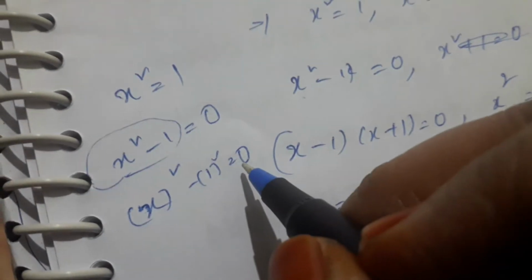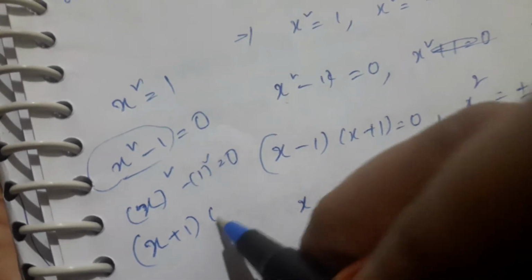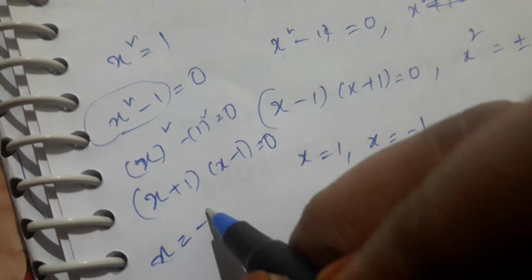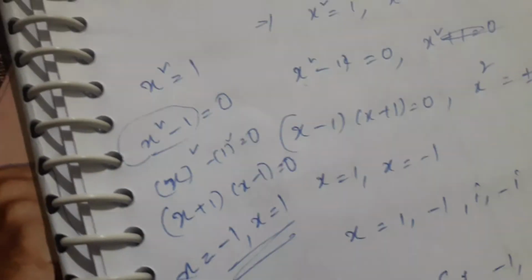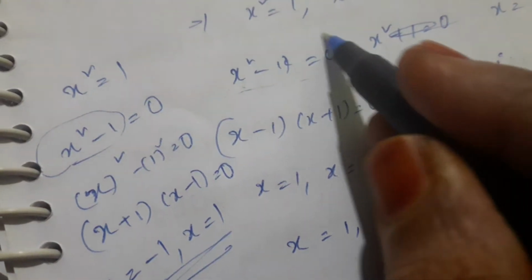Now it can be written in the form (x plus 1) into (x minus 1) is equal to 0. So x is equal to minus 1 and x is equal to 1. This is for x square minus 1 is equal to 0.